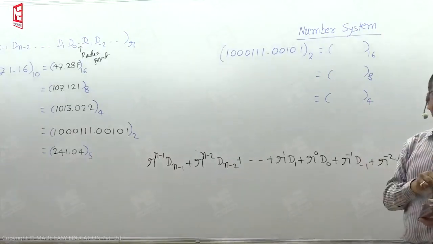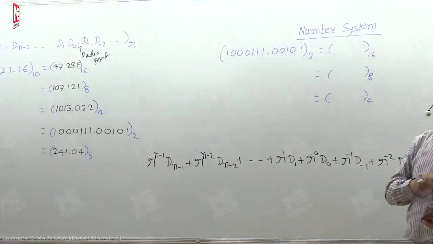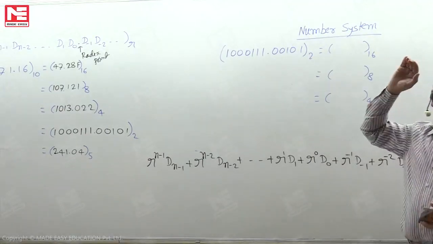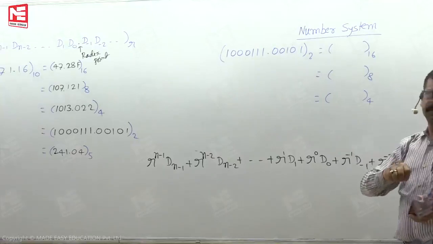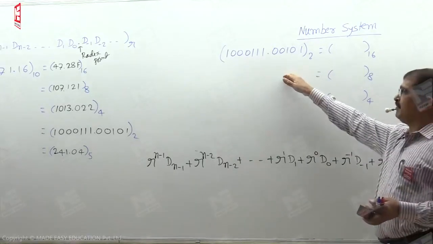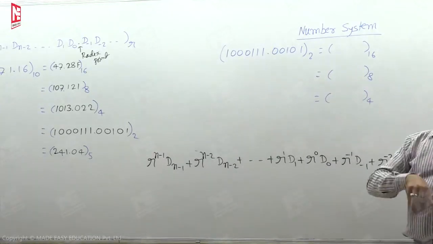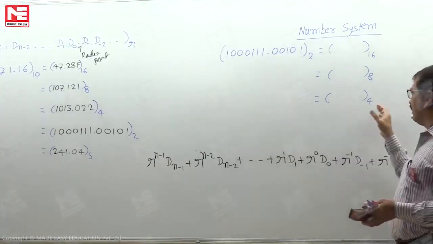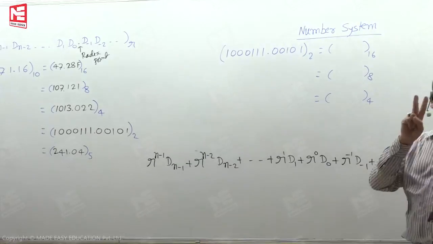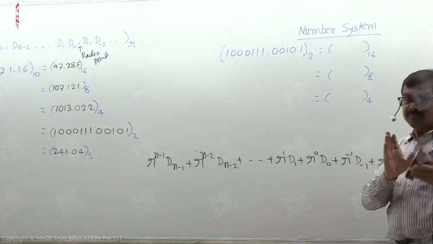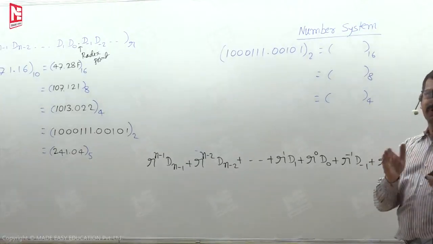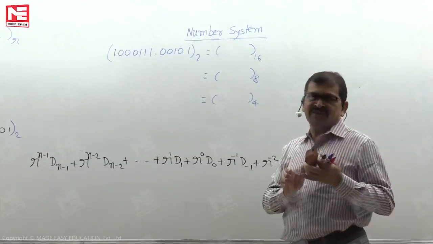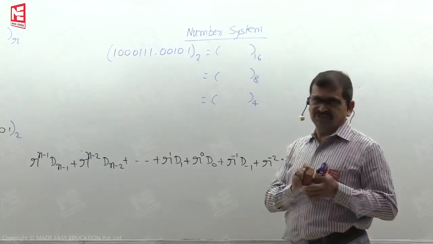When we want to convert the binary number to the equivalent hexadecimal number, the group size is 4 bits. For the equivalent octal number, the group size is 3 bits. For the equivalent quaternary number, the group size is 2 bits. So the procedural work is the same, grouping of the bits. The difference is in the group size.